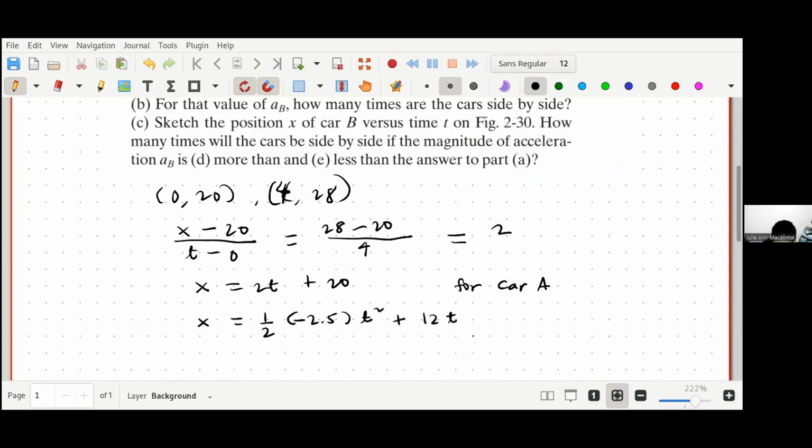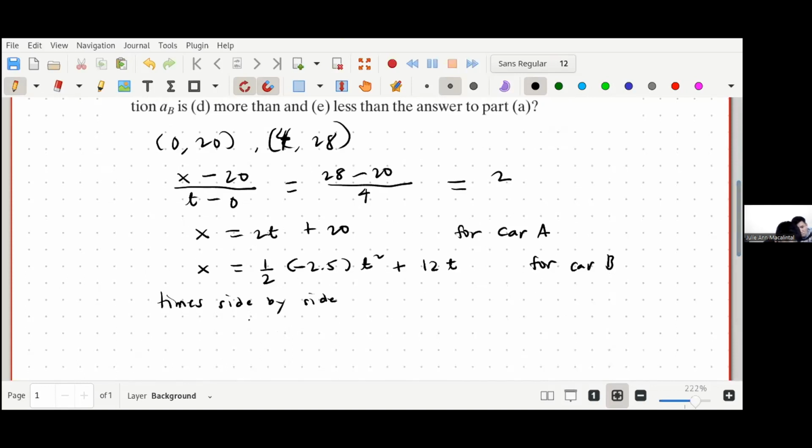So, yung points at which they are side by side, or times na side by side happens, kapag pareho sila ng X. So, this is for car B. So, dapat 2T plus 20 is 1/2 negative 2.5 T squared plus 12T. Klaro ba to?